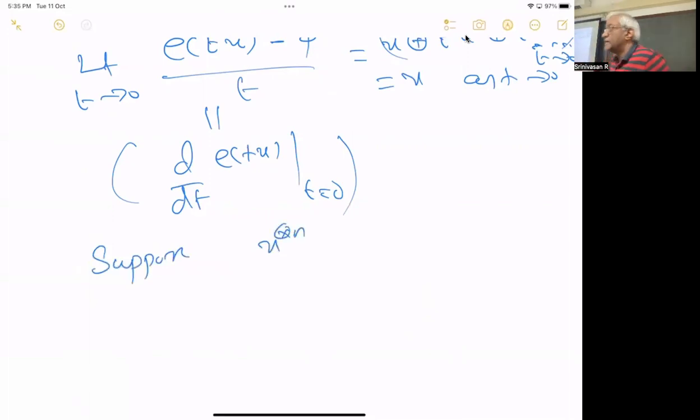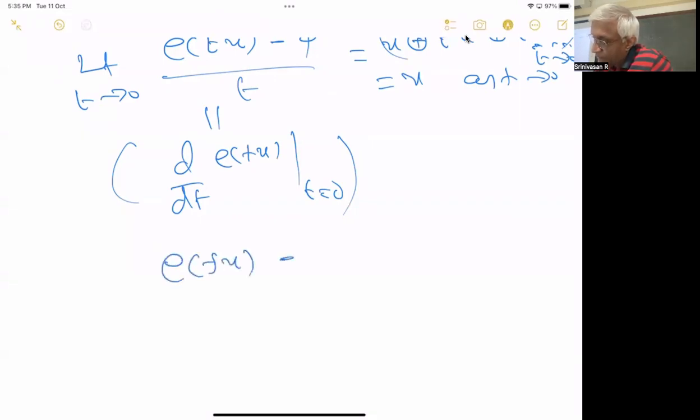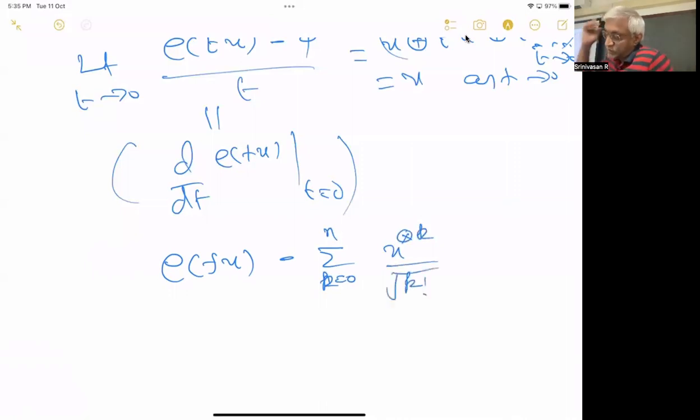Suppose you get, let me just write the formula for U tensor power n plus 1, which is E of TU minus summation k equal to 0 to n, U tensor k divided by k factorial square root. Of course, you remove the n particle out, and you should remove TU, right?